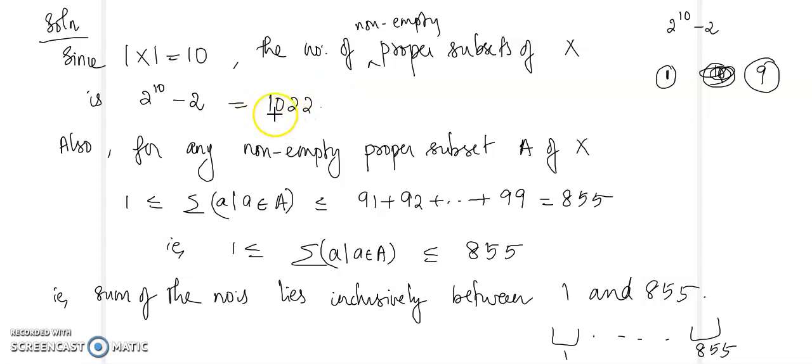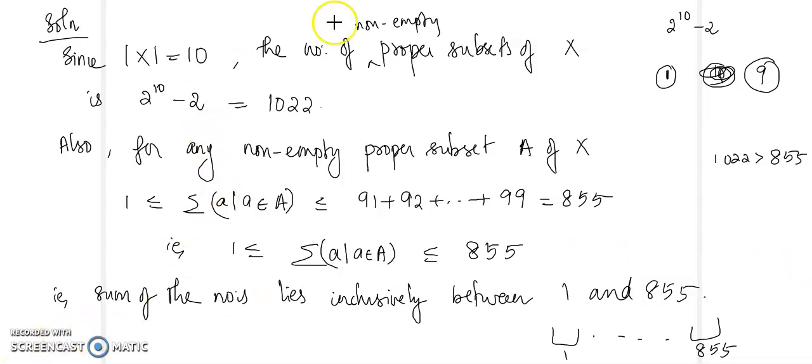So these are your objects: 1022 objects have to be distributed among 855 boxes. Since 1022 is greater than 855, by the pigeonhole principle there will be at least 2 objects in one of the boxes. That means there will always be 2 subsets with the same sum.